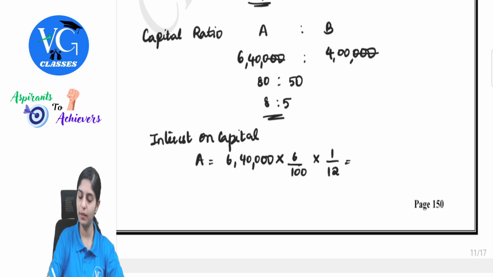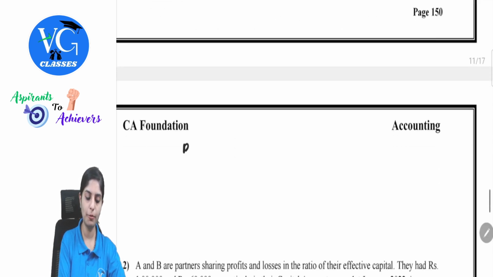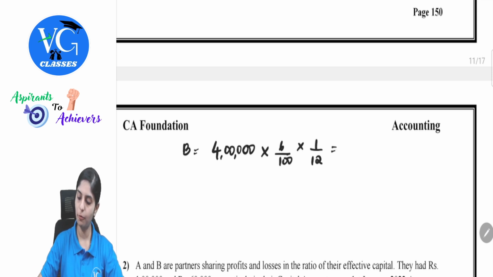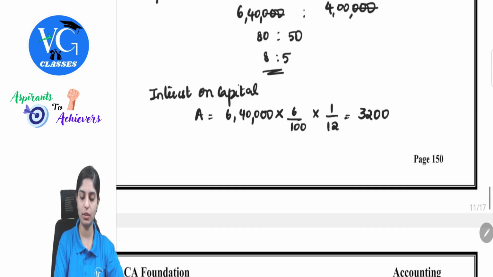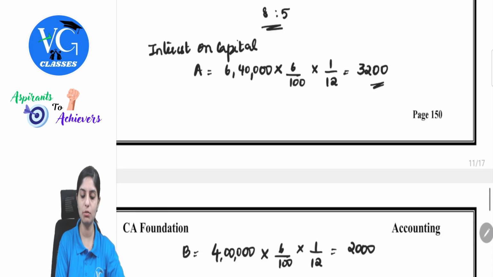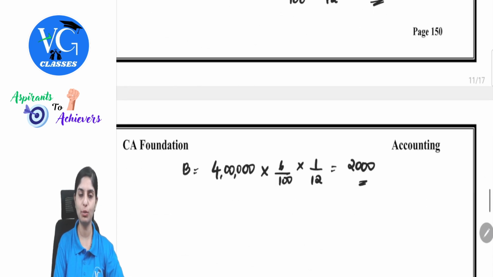So this will be 3,200 for A. And for B, effective capital was 4 lakh into 6% into 1 by 12. 4 lakh into 6% divided by 12. This will be 2,000. So interest on capital for A is 3,200 and for B is 2,000.